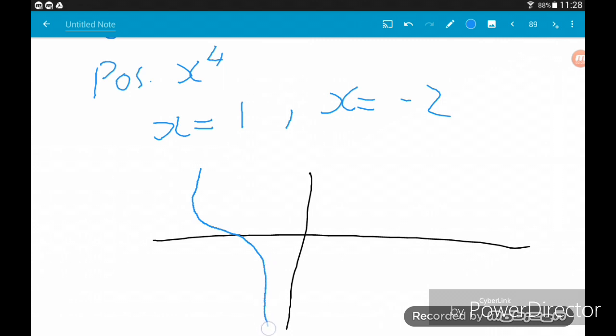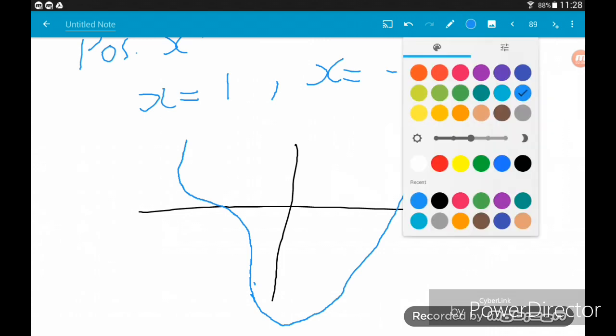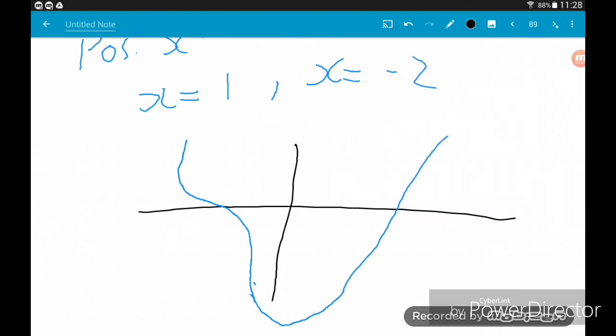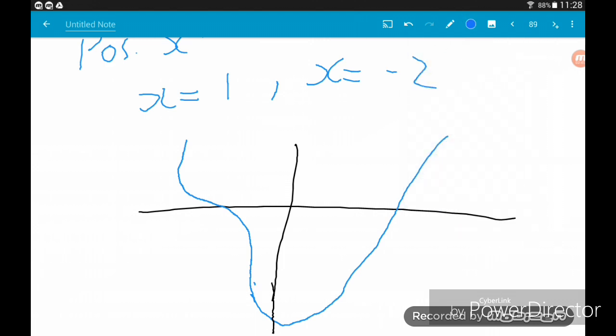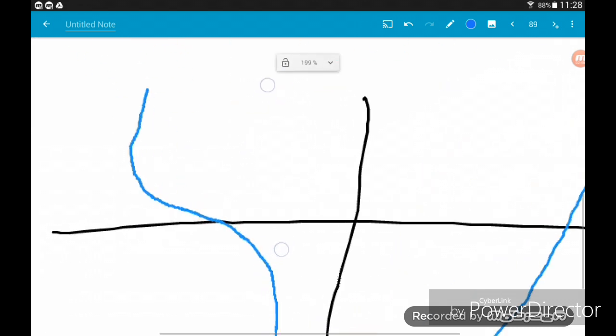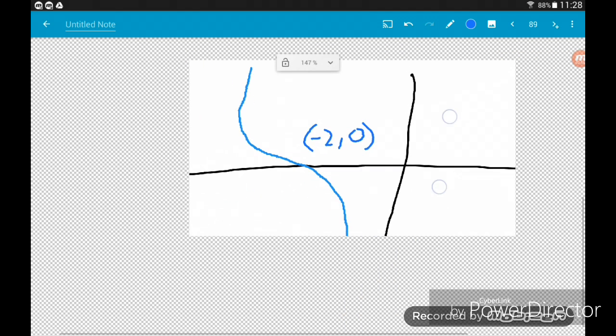And then it's going to go down, hitting the y-axis at minus 8. Something like this. So this point over here is minus 2, 0.